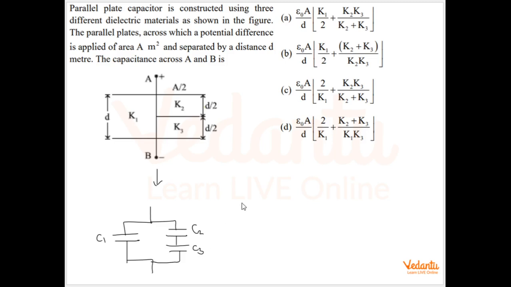Okay, now here what will be C1? It will be K1 into A by 2 epsilon naught by D. That will be K1 by 2 A epsilon naught by D. What will be C2? That will be K2 A by 2 epsilon naught upon D by 2.